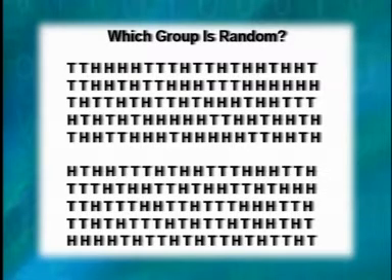One of these strings of H's and T's was created by taking an actual coin, flipping the coin, and then just recording H and T according to how it came up. That's the random list. The other list was created by a person who was just asked to write down a random list of H's and T's that would come up randomly. So it's a simulation of randomness that a person did, but didn't actually flip the coin.